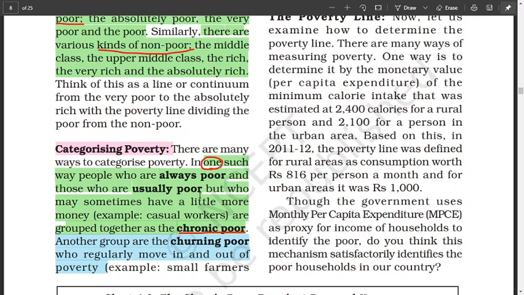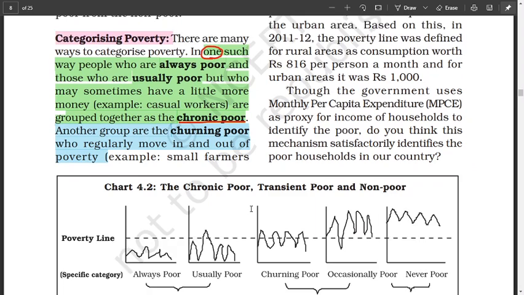But there are others who are usually poor because sometimes they have the opportunity to earn more, like casual workers, for example. At times they get work. They are poor, of course, but when they get a good amount of work, they have better access to basic things. So they are usually poor, but at times they have the opportunity to earn more, not like those always poor. These two, always poor and usually poor, are the chronic poor.